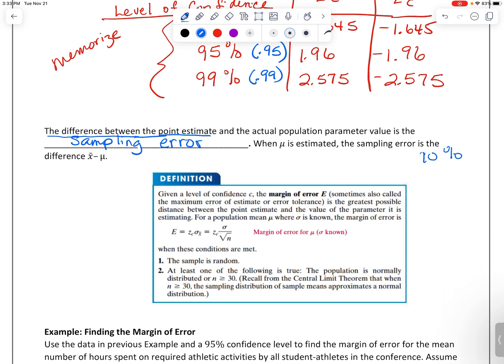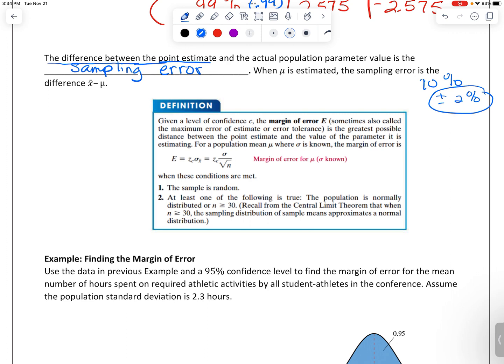So it might say he has a 10% advantage and it's a plus or minus 2%. Basically, that's that sampling error. There's an error that they can't account for, or they do account for. Again, they're trying to take just a small sample and apply it to everybody, and that's a very difficult thing. So the smaller this error is, the closer we're going to be to what we want to be.